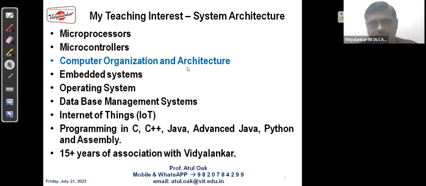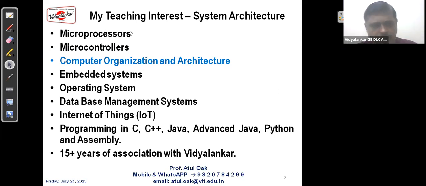And in system architecture, I teach all these subjects which you can go through, starting from microprocessor, microcontroller, your subject, computer organization and architecture, till IoT.